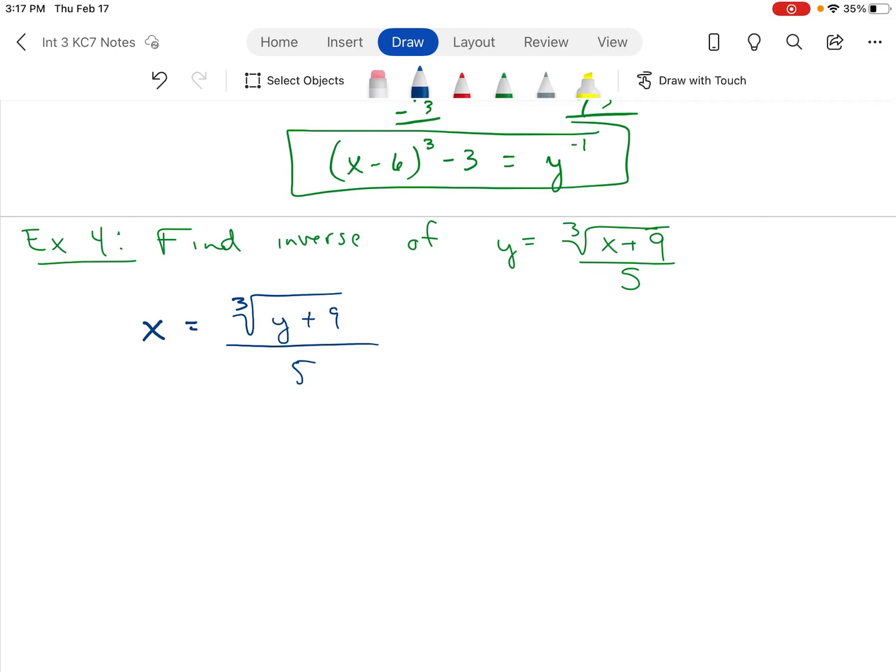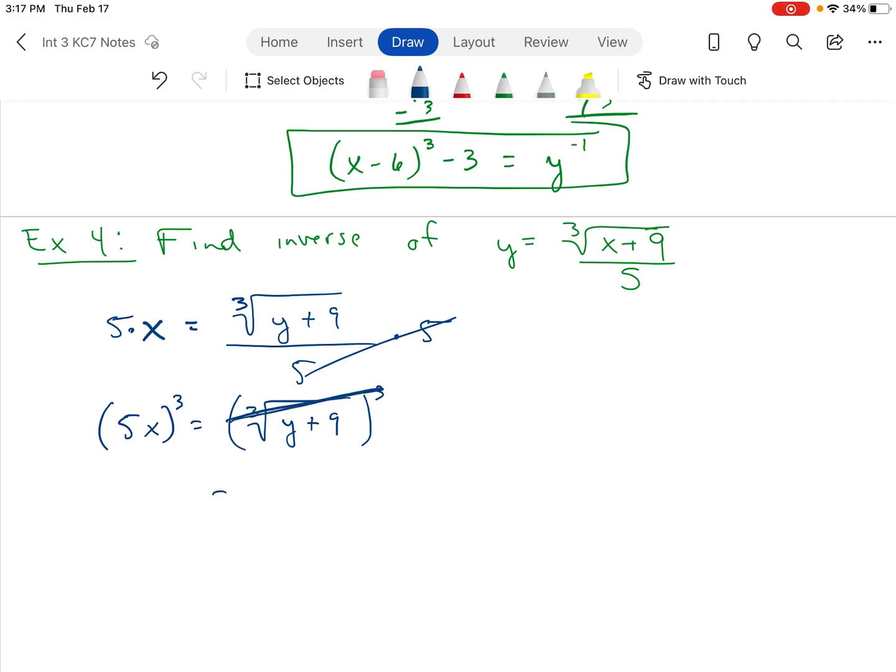I want to get rid of this 5 first by multiplying both sides of the equal sign by 5. So they cancel out on my right side, and I have 5x is equal to the cubic root of y plus 9. Now it's the same thing as before. Let's get rid of our cubic root by cubing both sides of the equal sign.